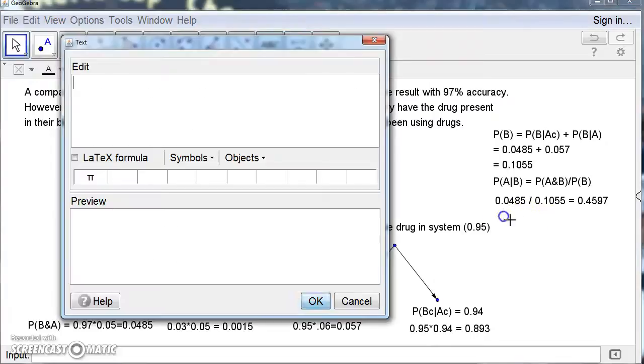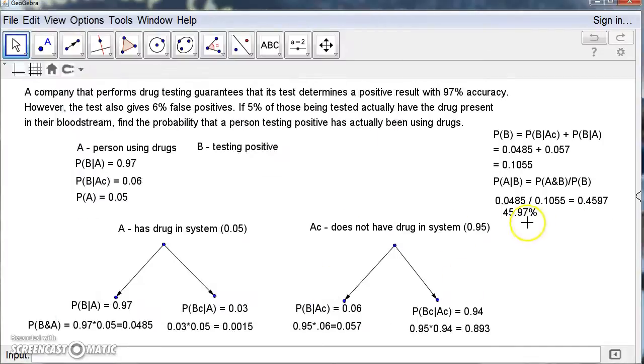In actuality, if you test positive with this test, there's only a 45% chance that you actually have the drug in your system, right? And this is an interesting result because it shows that even a test that seems very, very accurate, right? If it has this false positive aspect to it, it's entirely possible that the test result is meaningless, right?